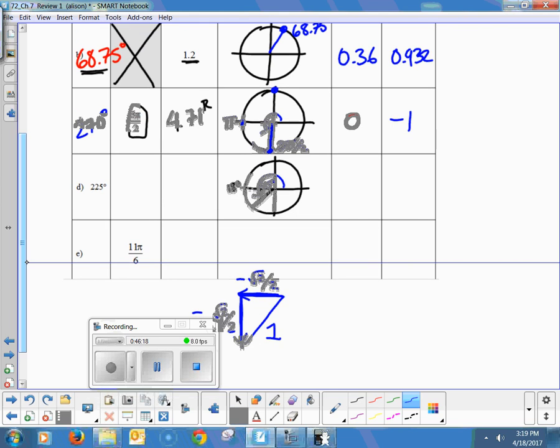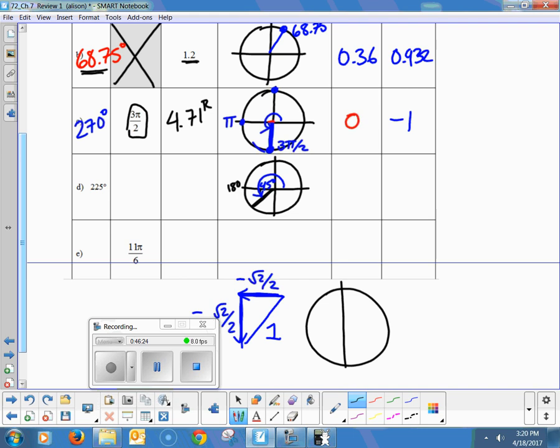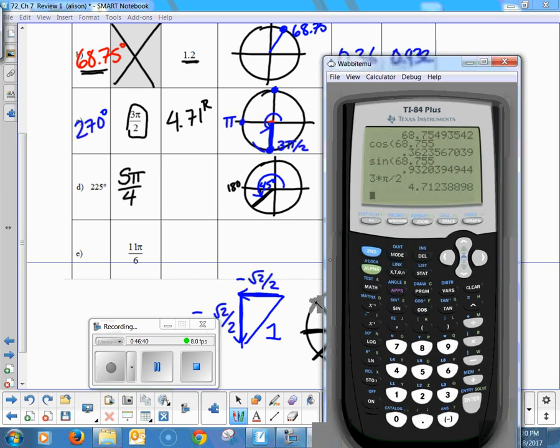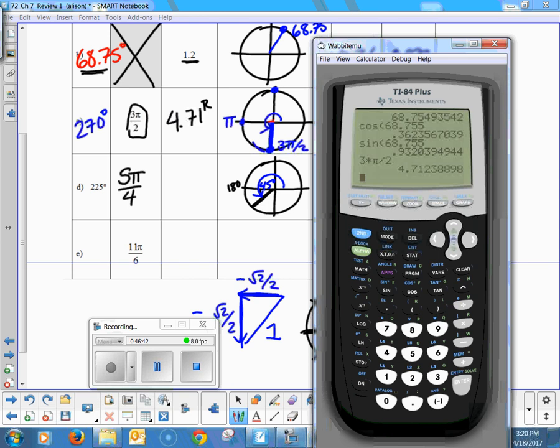Let's see, 225 degrees, we need to change it to pi form. Well, a 45-degree angle is 1/4 of the pi, so that's 1/4, 2/4, 3/4, 4/4, 5/4 pies. So I'm going to call this 5 pi over 4. Change that to a decimal. Let's get our calculator friend and ask them what is 5 times pi divided by 4.